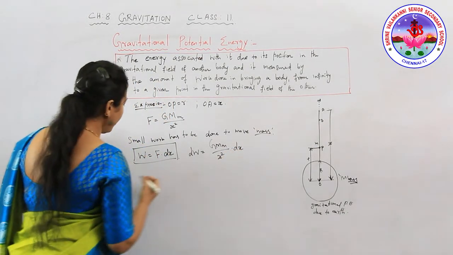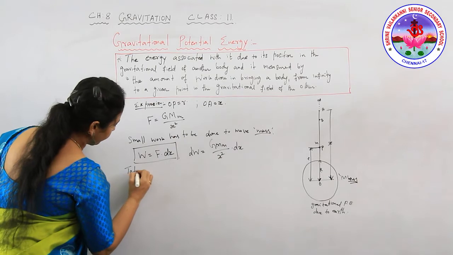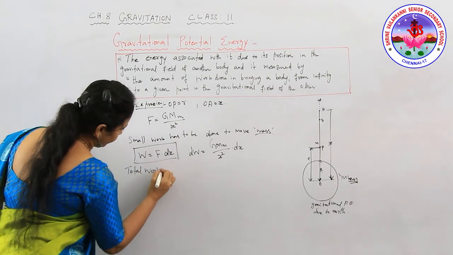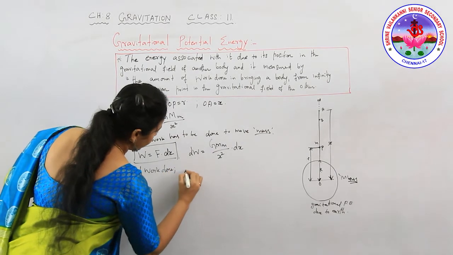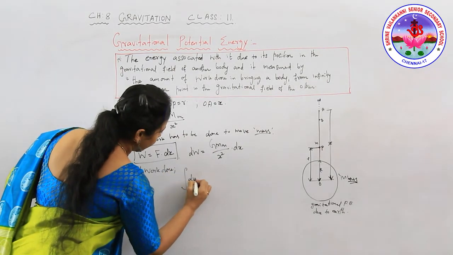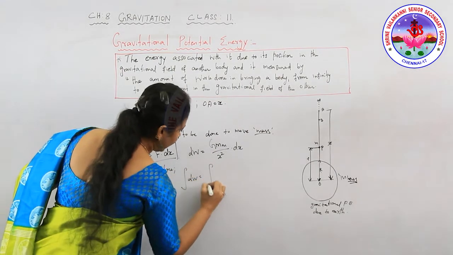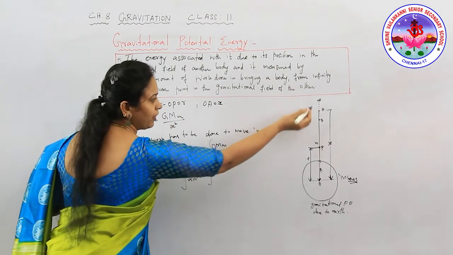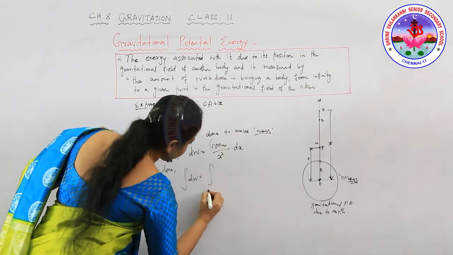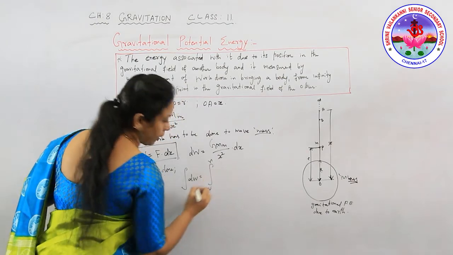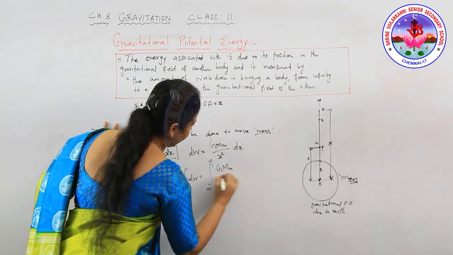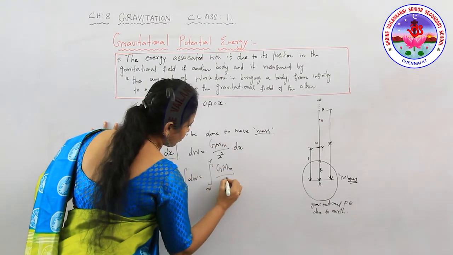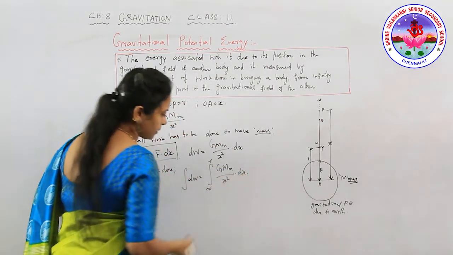So I want the total work done, integration of dW, which is equal to integration, and we have to take the limits from infinity to R. So we can say G Mm by x square into dx.